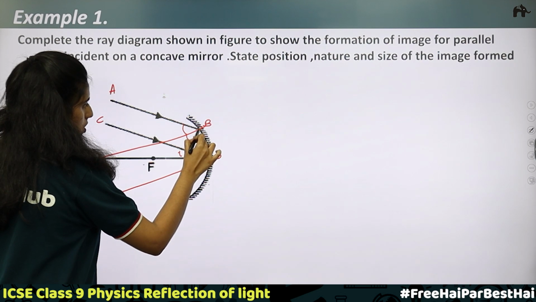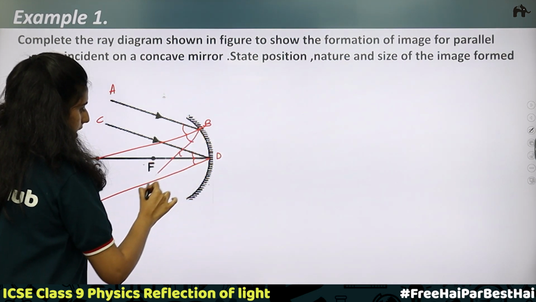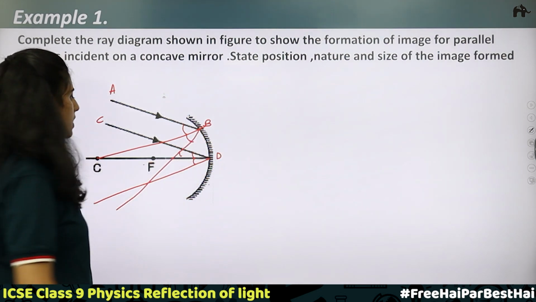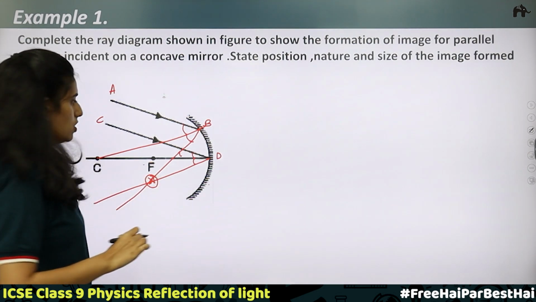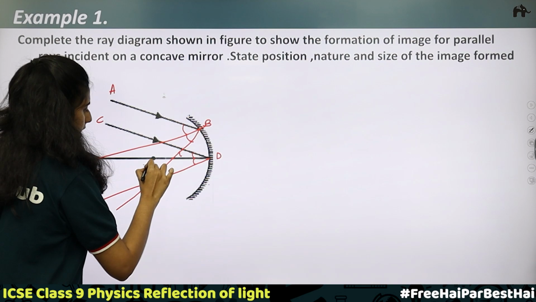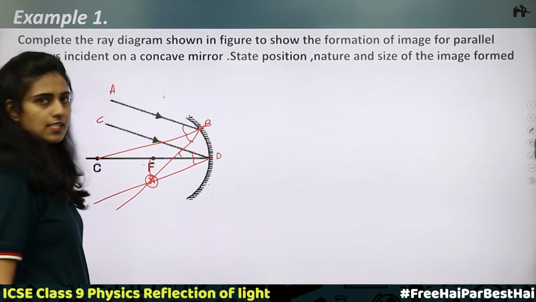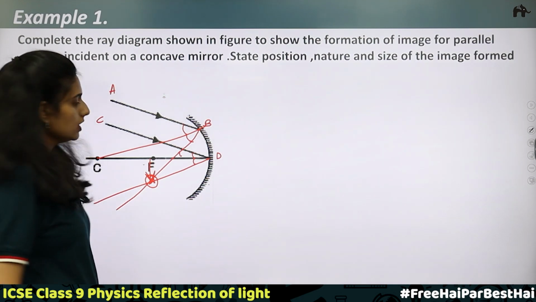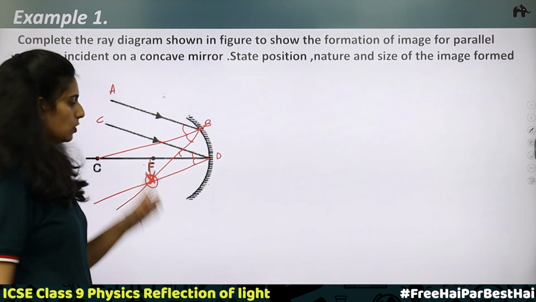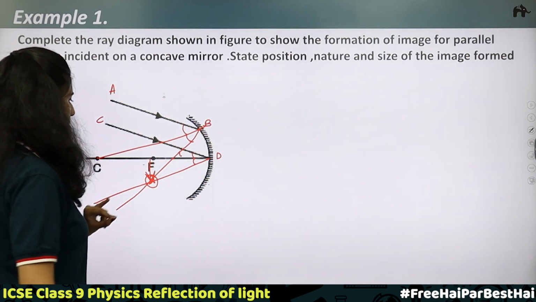Here this is the point of intersection. From this point of intersection, draw a line perpendicular to the principal axis. So this is a concave mirror, and this is how the image will look. So this is the completed image.